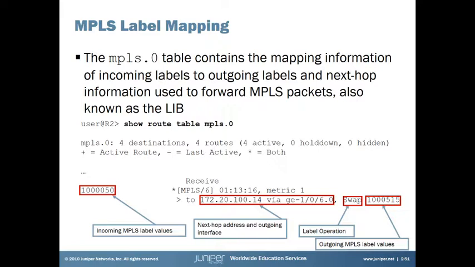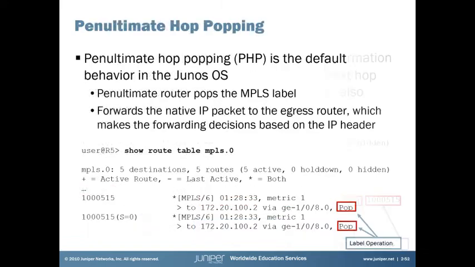So MPLS label mapping is done by the mpls.0 table. So we have the incoming label, the next hop, the exit interface, and the swap label. And the penultimate popping is done by the second last router, and you can see that we've got a label pop operation set up there.